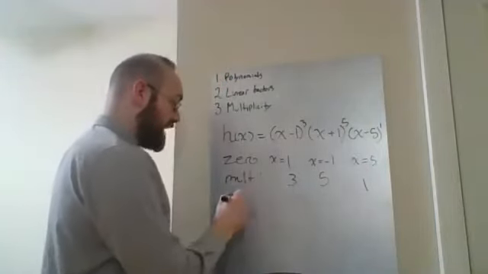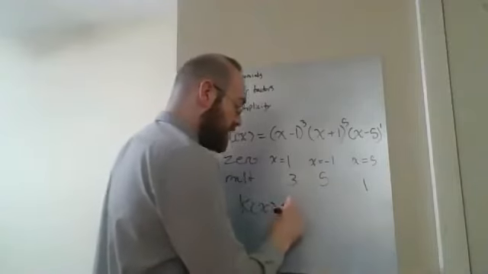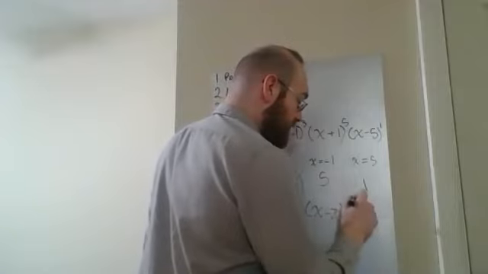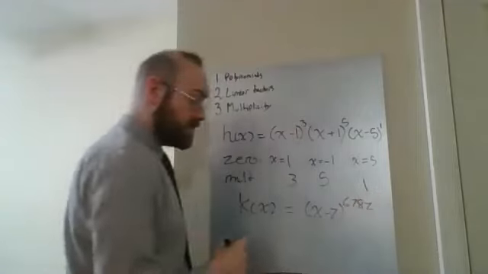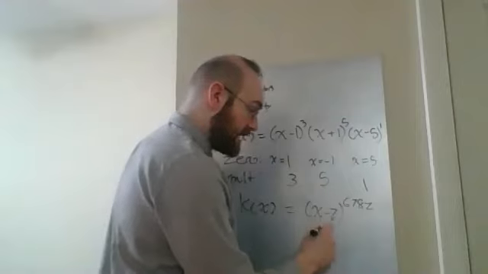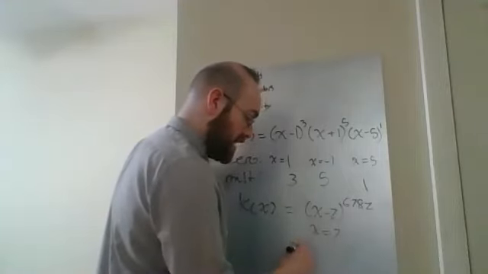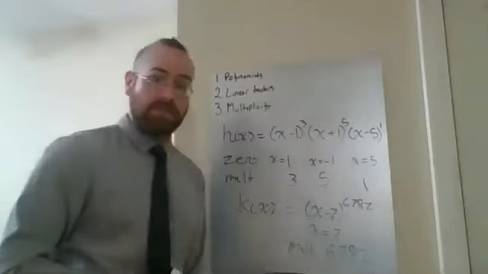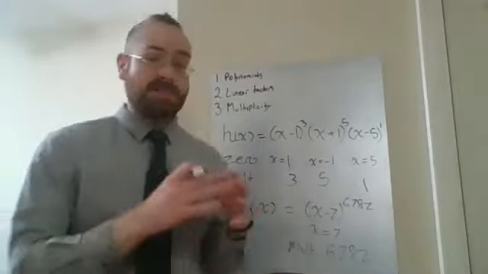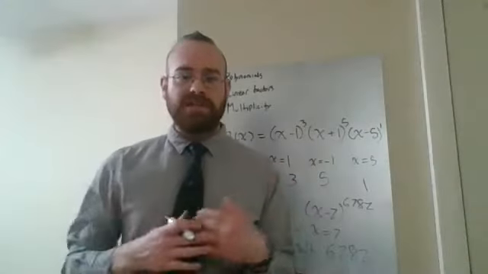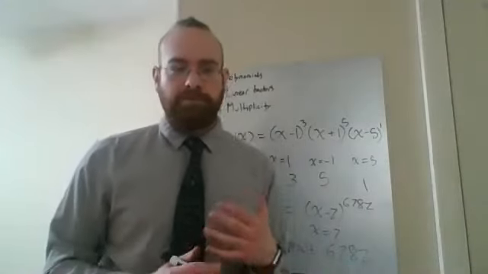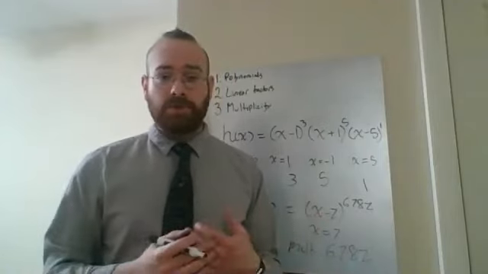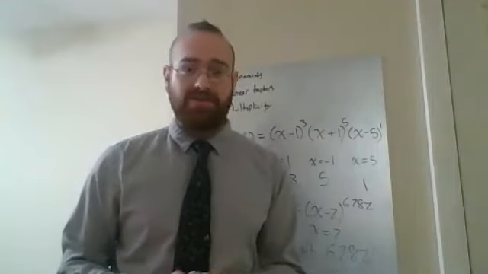For example, if we have k of x equals x minus 7 to the power of 6,782, the 0 is x equals 7, and the multiplicity is 6,782, because that's how many times this factor appears if we were to expand it. The multiplicity can be as high or as low as we want, assuming that 1 is as low as it goes, and it's always a whole number. We can't have a multiplicity of 1/2.